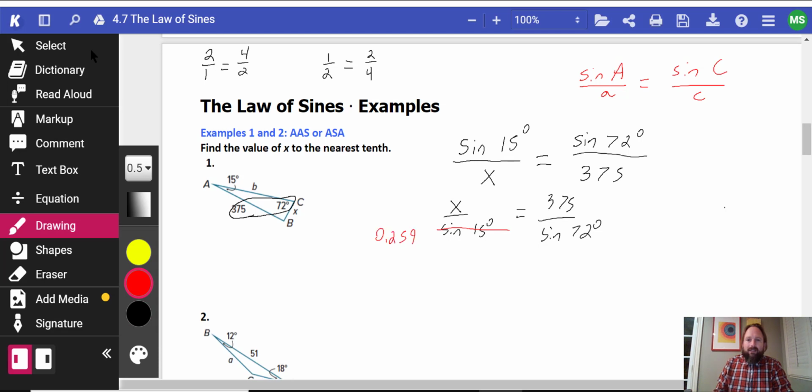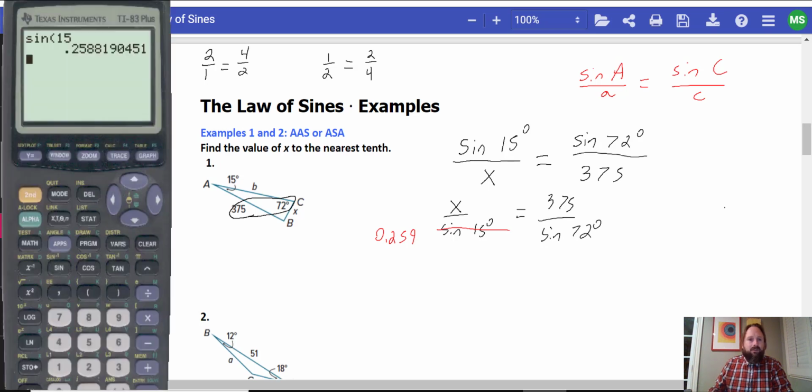Now I'm going to do the sine of 72. All right, well, the sine of 72 is equal to 0.951.